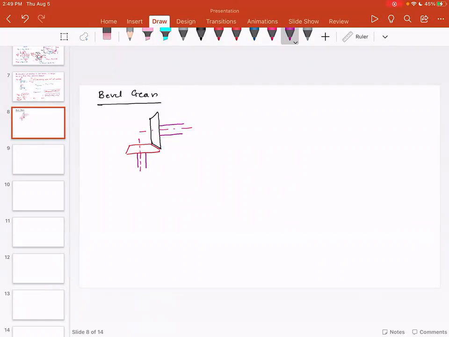So a classic example of bevel gear application is the differential drive. And when we have a differential, in the case of the front wheel drive or the rear wheel drive, and the power needs to be transmitted from the engine to the axle, you have something called a differential.